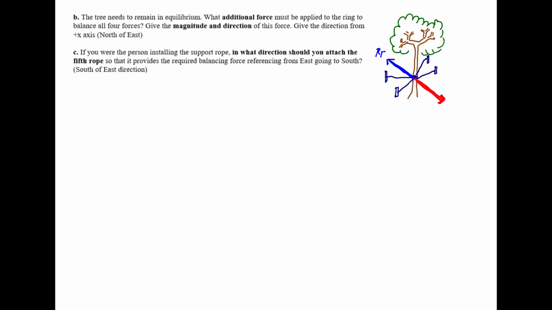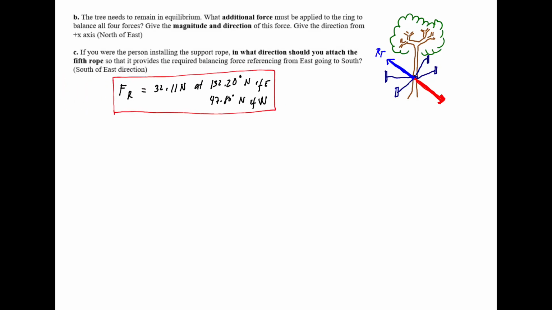And so if you try to imagine the answer here, we have 132.20 north of east. So if this one will be our east, and then this is the 132.20 degrees north of east. And notice that from 132.20, I will add another 180 degrees.